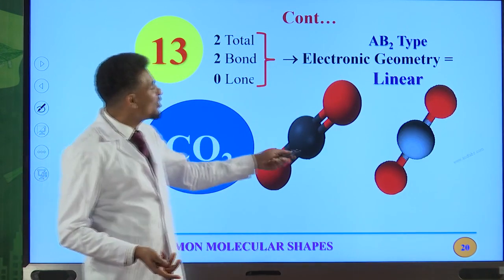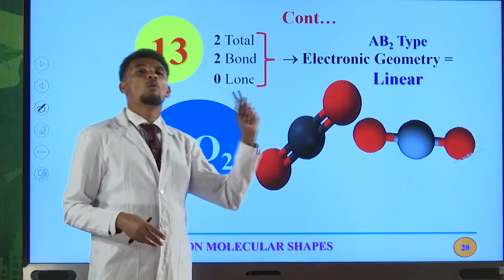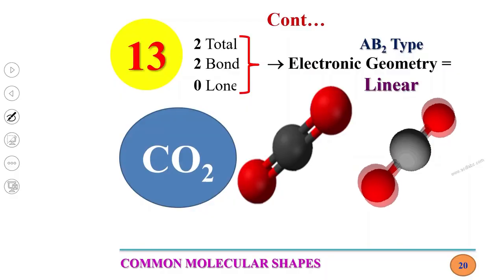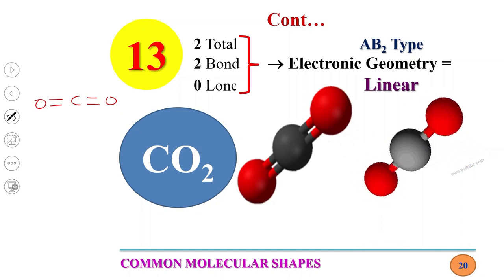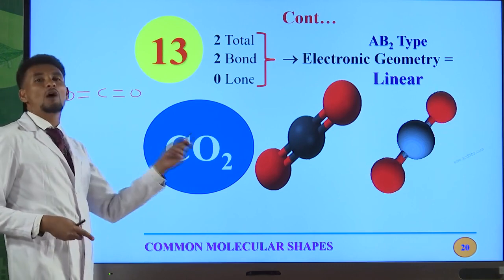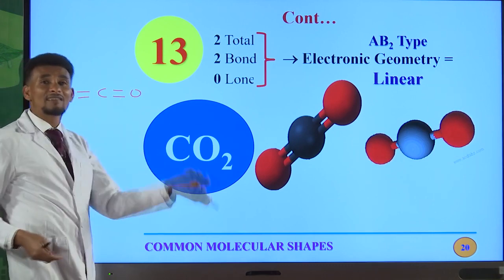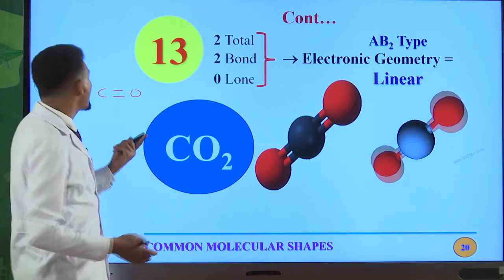Molecular shape, okay, it looks like this one. What is the ideal bond angle for that type of molecule? 180 degrees. Can you draw the Lewis structure for carbon dioxide? We have double bonds between carbon and oxygen atoms. So this is the Lewis structure for carbon dioxide. Carbon is the central atom. Oxygen atoms are surrounding atoms, terminal atoms.